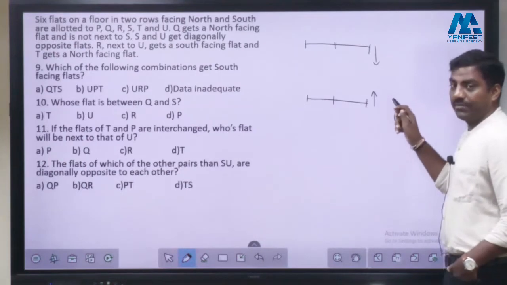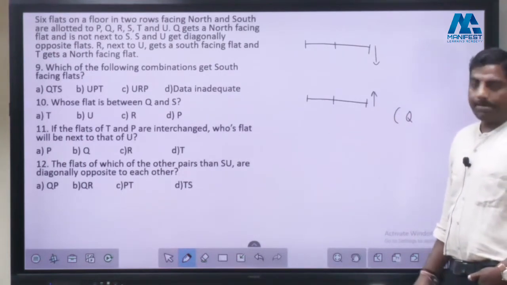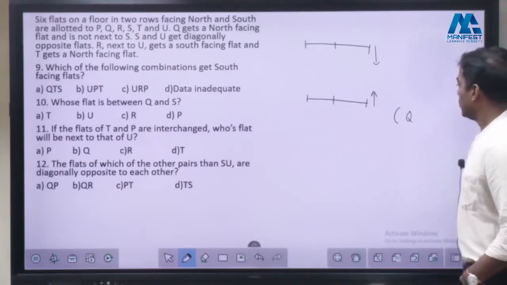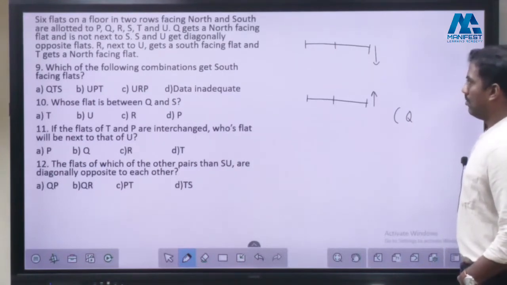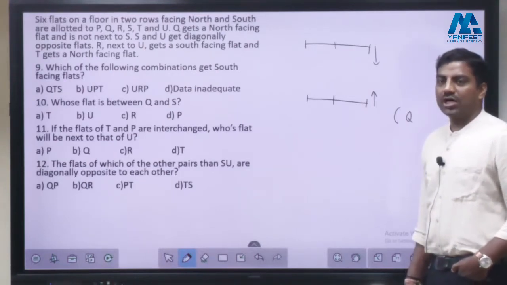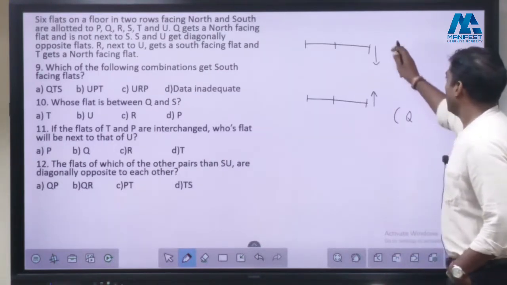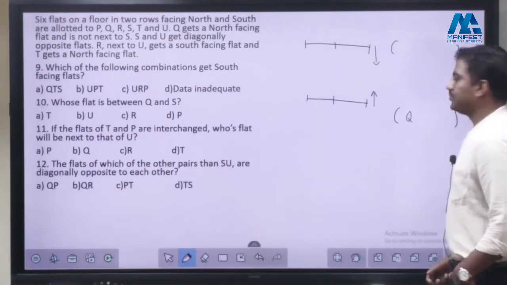They are facing, okay. So Q will take one of these three positions. And Q is not next to S. So Q is not next to S. What does that mean? Where will S come? In this row or this row?